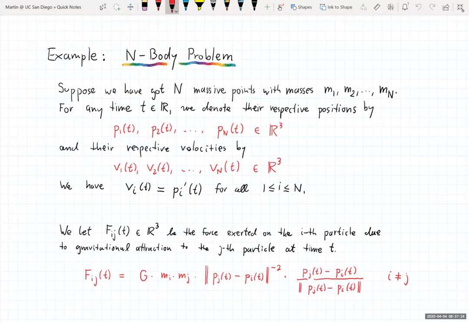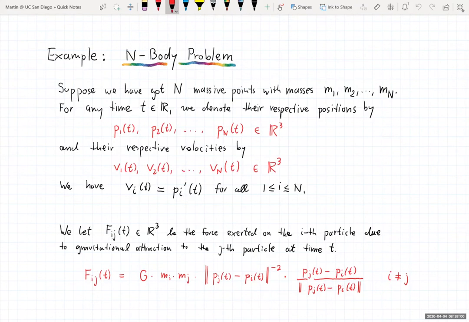And the law of gravity tells us that the force Fij of t is given as follows, namely G times mi times mj multiplied by the Euclidean distance between the ith and the jth particle to the inverse second power, multiplied by the unit vector pointing from the ith particle to the jth particle.